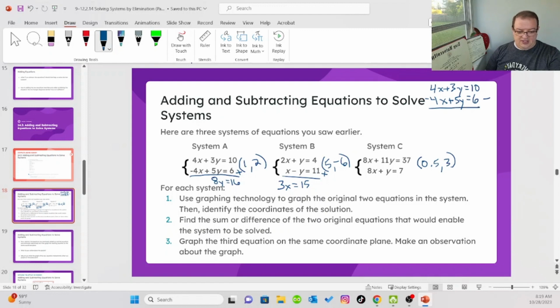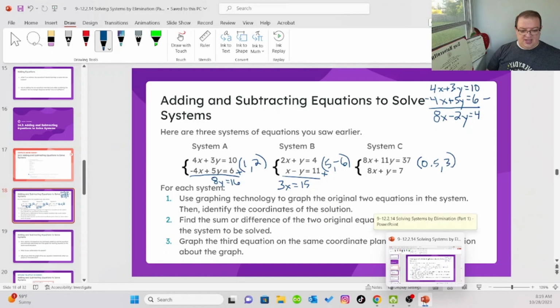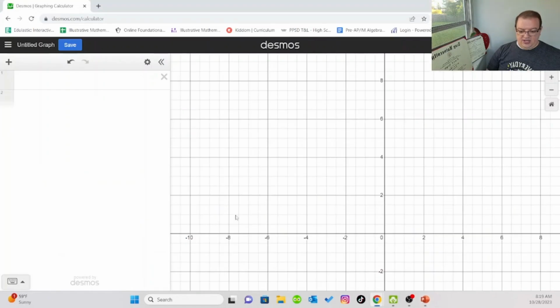So 4x minus negative 4x becomes 4x plus 4x, so that's 8x. 3y minus 5y would be negative 2y, and 10 minus 6 would be 4. So now if we graphed that, 8x minus 2y equals 4.